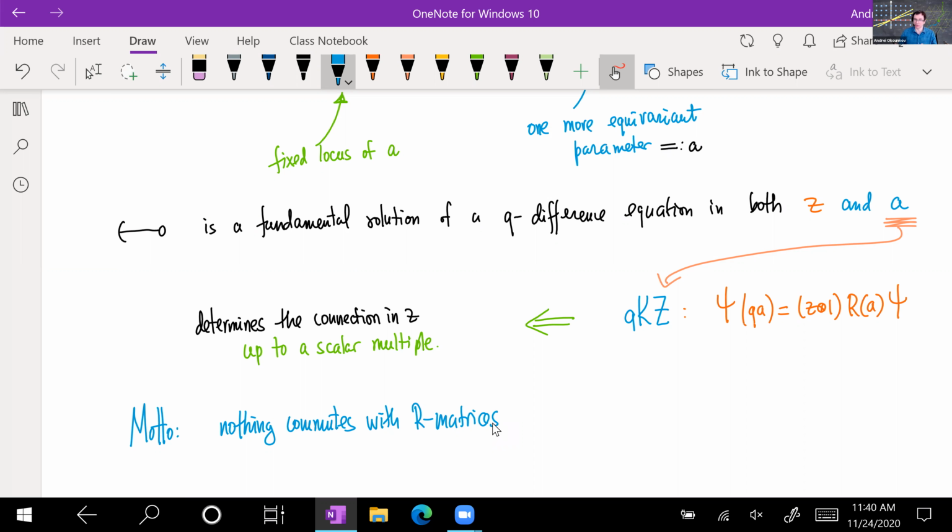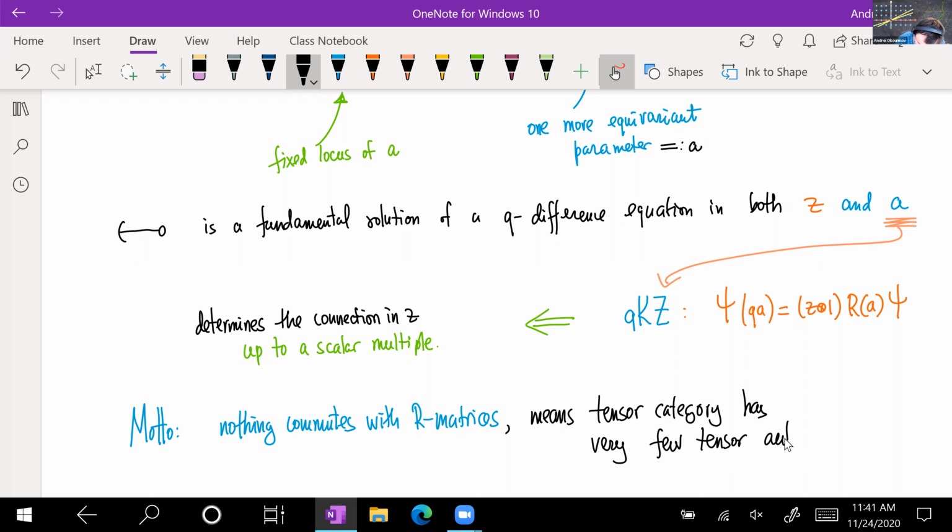Moreover, this tensor category has very few tensor automorphisms. So this is a general fact.